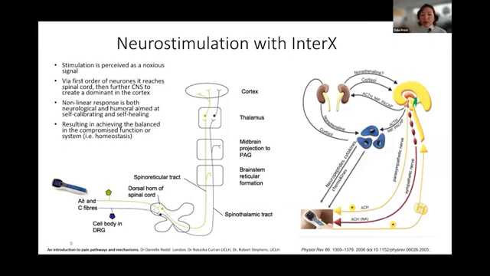Primarily, you stimulate A delta, so this pathway will be activated, yes? And then the pathways go spinothalamic, but mostly spinoreticular pathways we engage when we stimulate with InterX. So you get to the brainstem, midbrain, thalamus, cortex, okay?